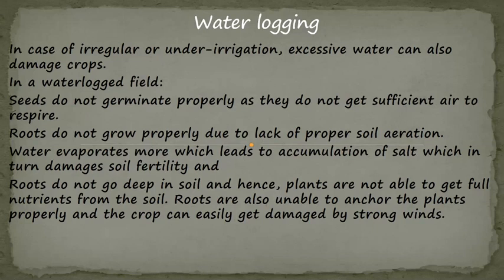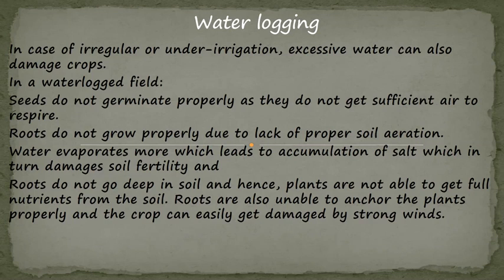In case of irregular irrigation or under irrigation, excessive water can also damage the crops. In a waterlogged field, seeds do not germinate properly as they do not get sufficient air to respire. Roots do not grow properly due to lack of proper soil aeration. Water evaporates more, which leads to accumulation of salt, which in turn damages soil fertility.